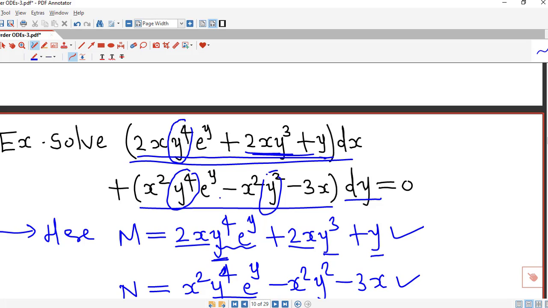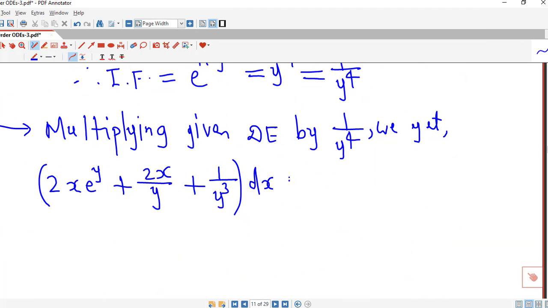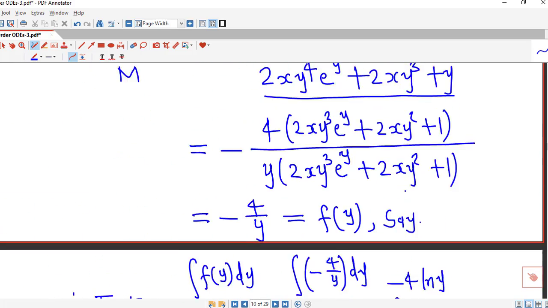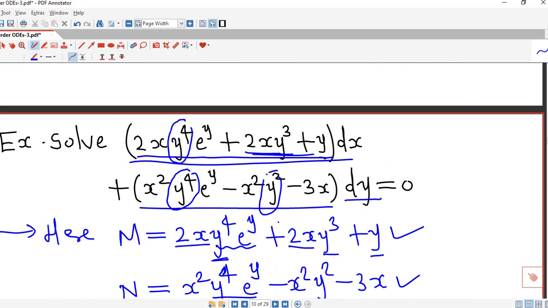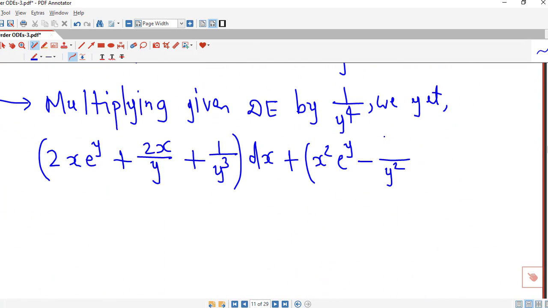So x square e raised to y minus x square by y square minus 3x over y raised to 4, dy equal to 0.